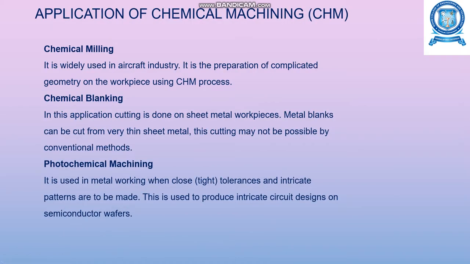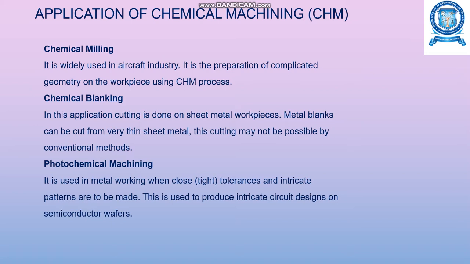Next, applications of chemical machining. Chemical milling is widely used in the aircraft industry for the preparation of complicated geometry on the workpiece. In chemical blanking, cutting is done on sheet metal workpieces, and metal blanks can be cut from very thin sheet metal, and these cuttings may not be possible using conventional methods.